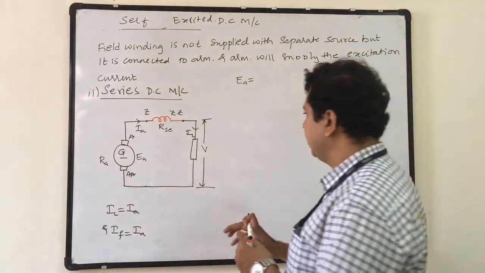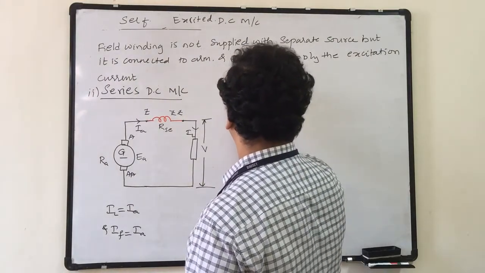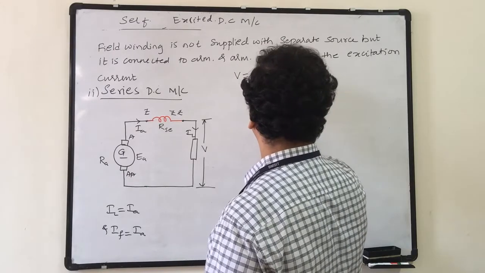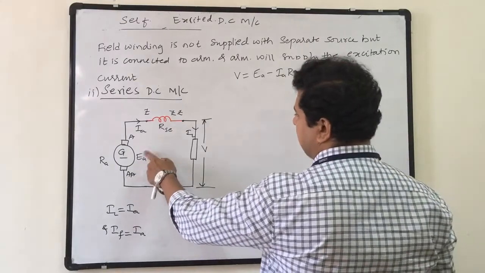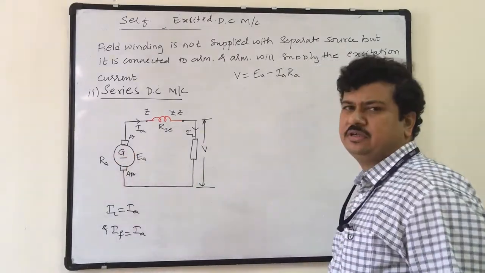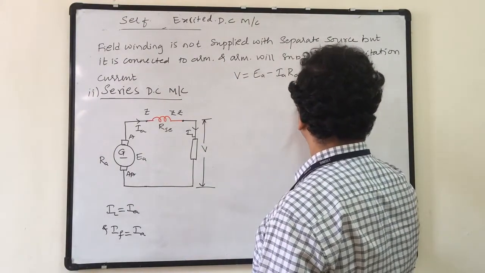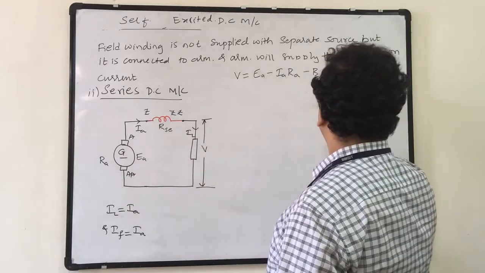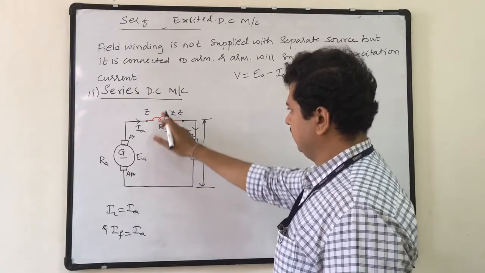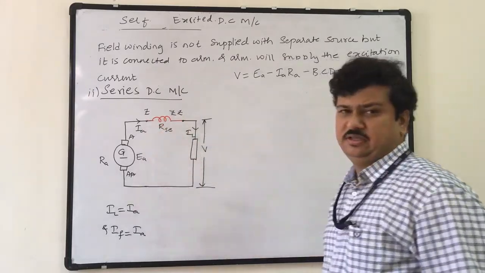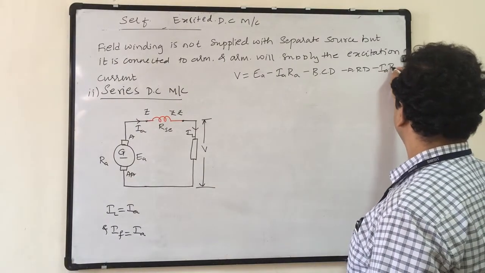So I can write V is equal to EA minus IA RA, the voltage dropped in the armature resistance, minus the brush contact drop, minus the armature reaction drop. Then some amount of voltage is dropped across the series resistance also, minus IA into RSE.